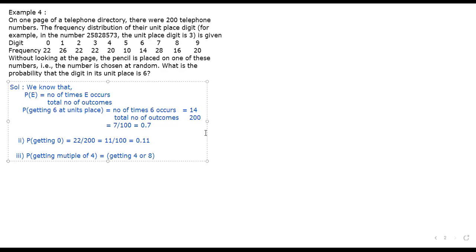And that is 20 plus 16 upon 200. That is equal to 36 upon 200, which is equal to 18 upon 100, which is 0.18. Yes or no? Yes.